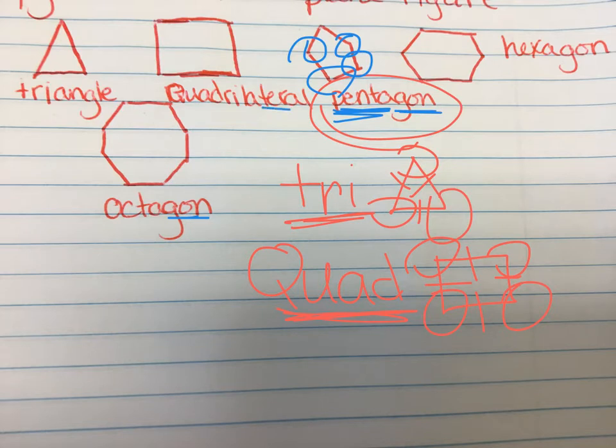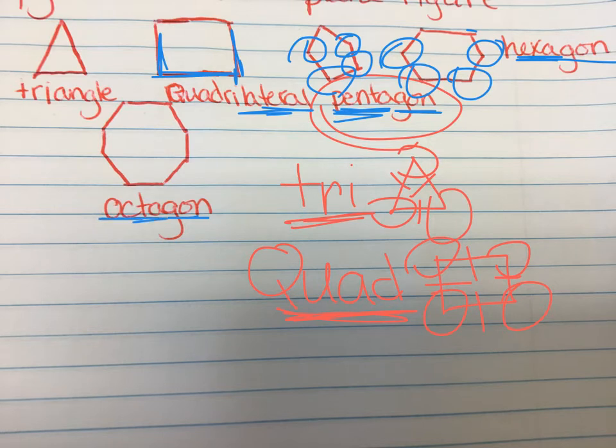Quadrilateral, a lateral means like how the lines are formed, like there are parallel lines and perpendicular lines. And then triangle because there are 3 angles in a triangle. Hexagon, hex means 6. And octagon means 8, so there are 8 angles and 8 sides.